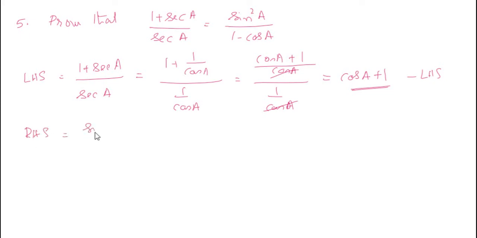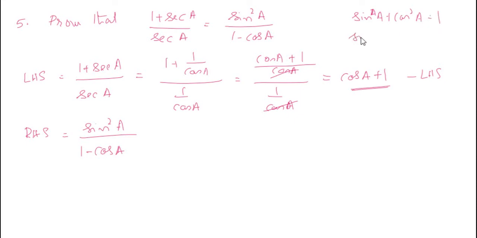RHS is sin square A divided by 1 minus cos A. Now we know sin square A plus cos square A equals 1.